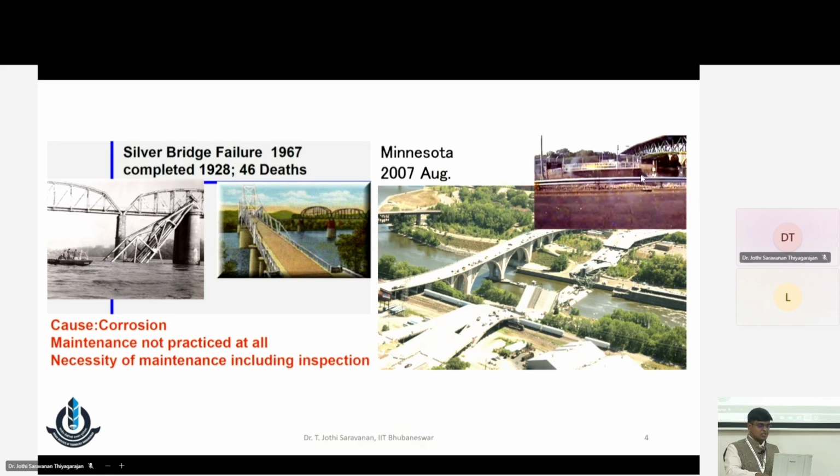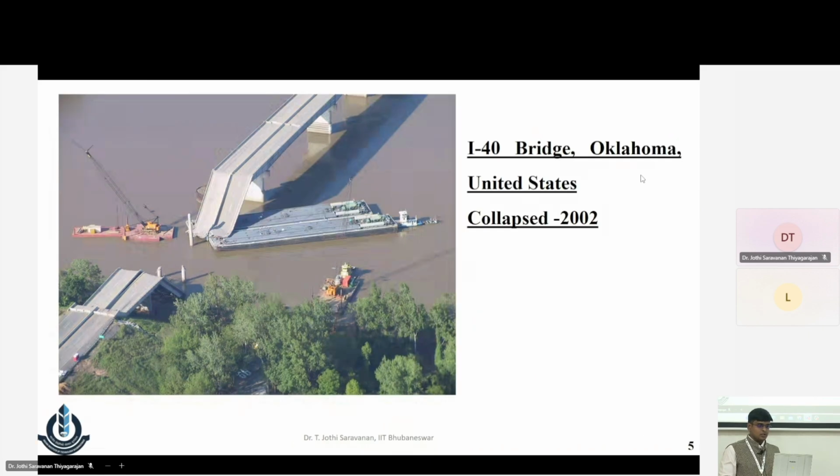These are some of the strange problems or accidents that have happened, which opened an eye to the maintenance of structures. This one is quite an important case study for health monitoring. It happened on the Oklahoma I-40 bridge, which collapsed in 2002.